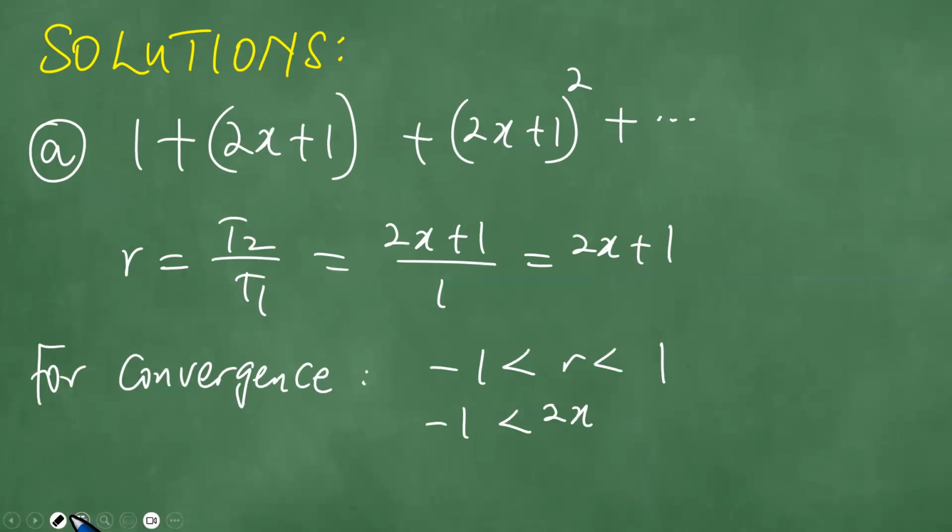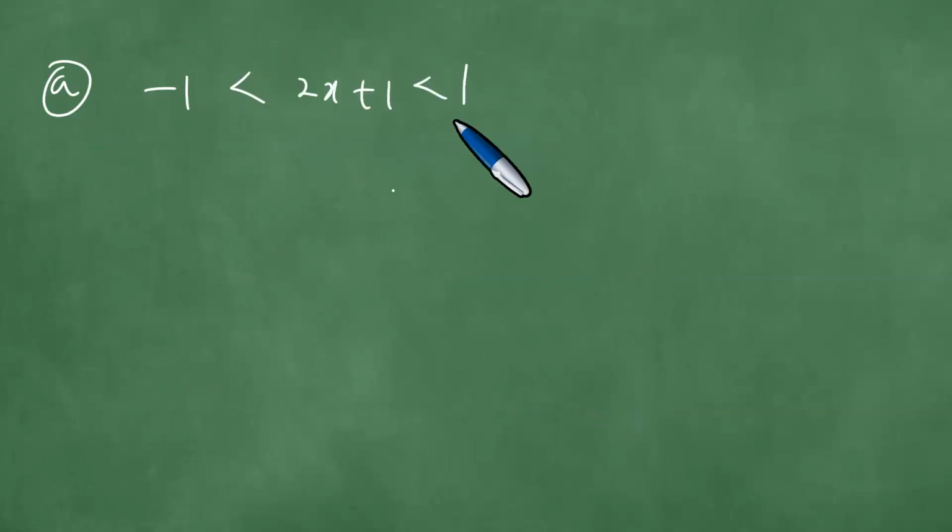So for part A, -1 is less than 2x plus 1, less than 1. So what you do here, you subtract 1 from each of the parts of this inequality.